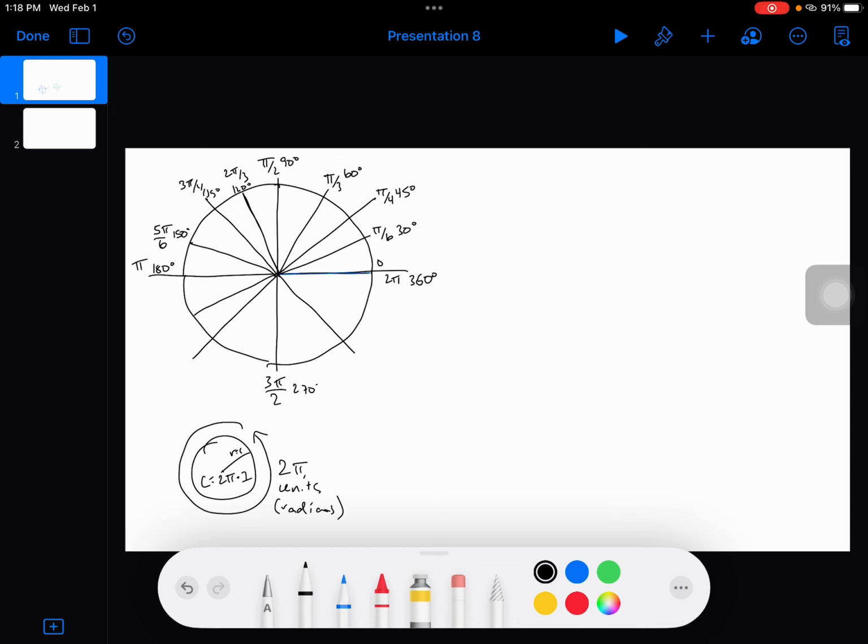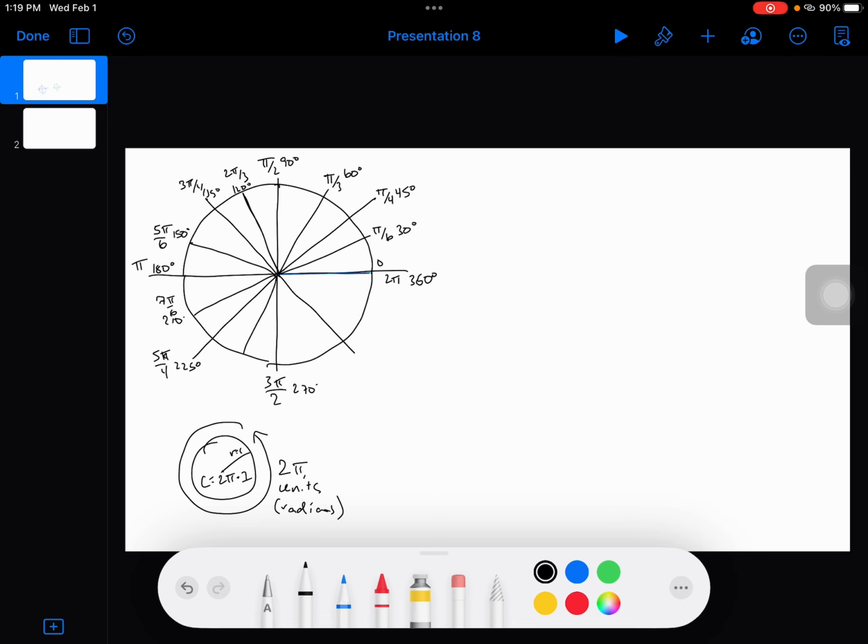Going back to more angle measures, 210 degrees is the next 30, and that's going to be 7 pi over 6. Next is the 45 degree marker, which is 5 pi over 4. 5 pi over 4 is 180 plus 45, which is 225 degrees.